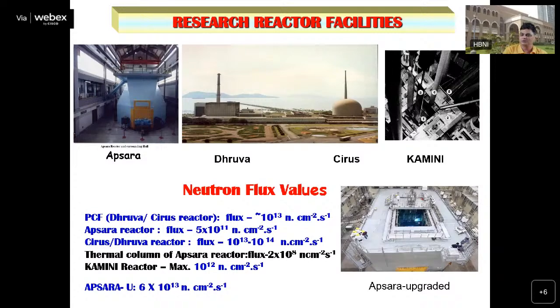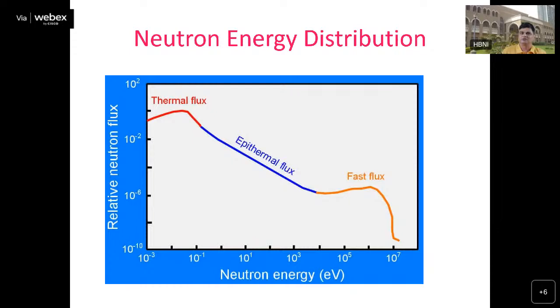You can have those sources in your lab, but the flux, I don't remember exactly, I think is of the order of 10 to the power 6 neutrons per square centimeter per second. So you will not get the kind of information which is possible when you irradiate the samples using the reactor flux.